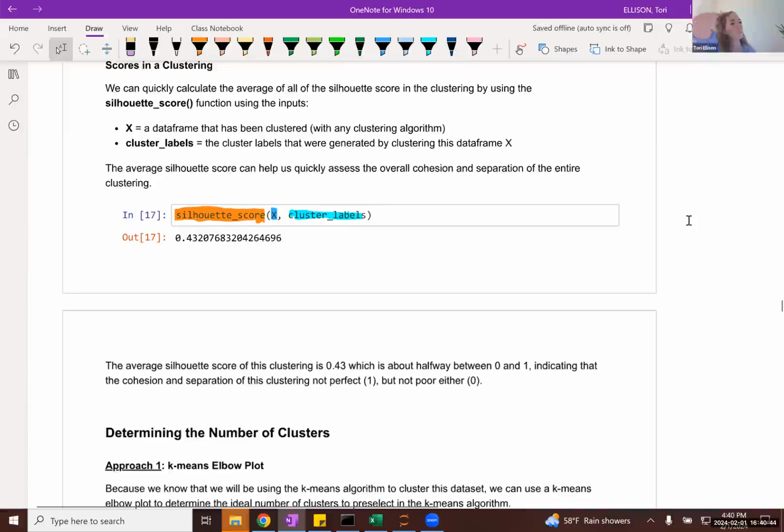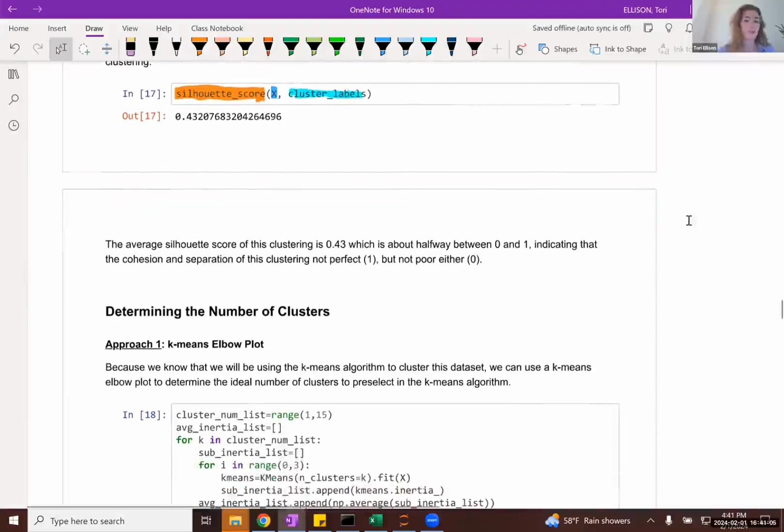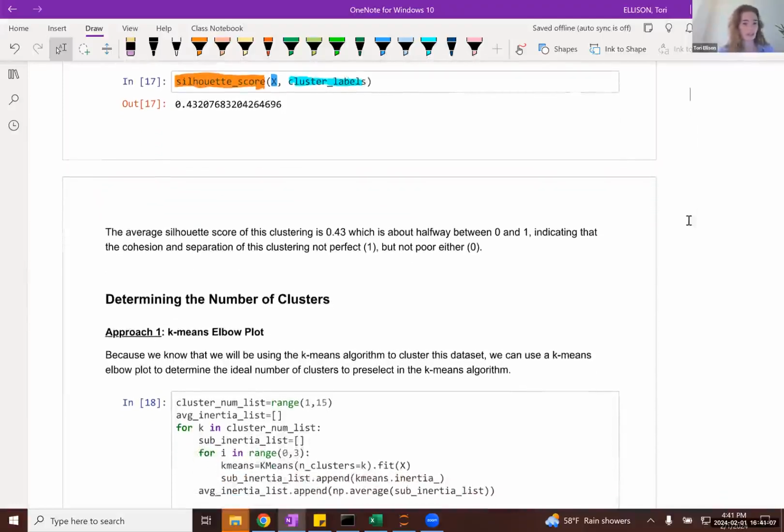So what that roughly means is that, generally speaking, points within a given cluster are about half as close or twice as close to each other, or to the points in the cluster they were assigned to, than points in some other cluster, the nearest cluster, if you will. Okay, so that suggests a decent amount of cohesion and separation of the given clustering that we found.